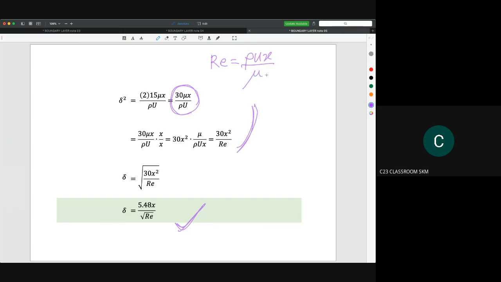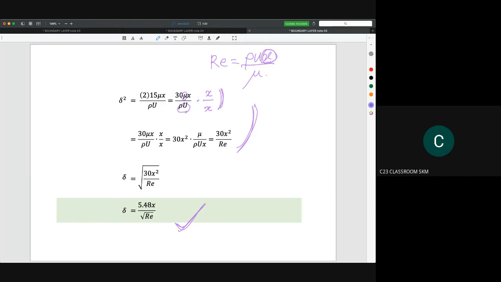But here you have rho u and mu, and you don't have the term x. So you could multiply by x over x, because x over x is equal to 1. You multiply those terms by 1, so it does not change the amount.